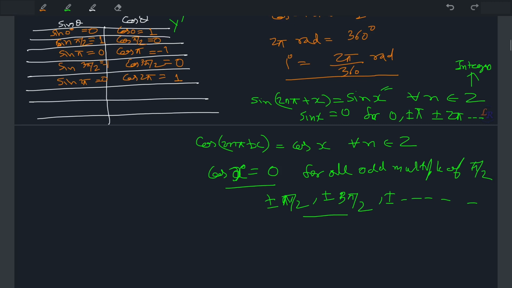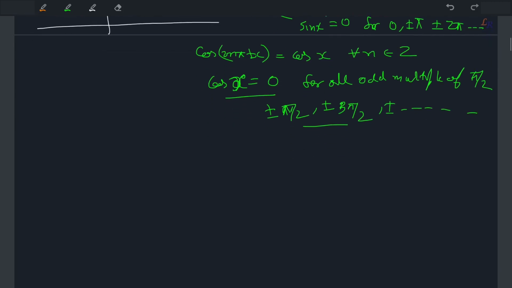And for the sine case, all integer multiples of pi give you the value of 0. This is another interesting point which you can see from these observations. It is 0 here, 0 here, 0 here, and the value matches here. That's a very interesting observation and a very good formula related to that.